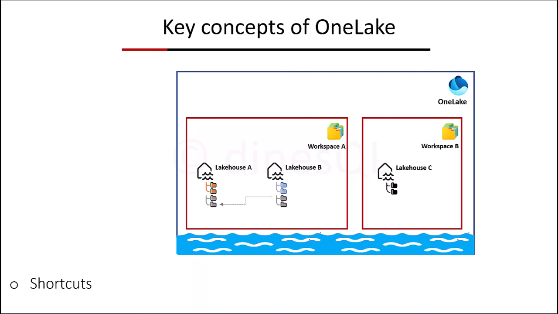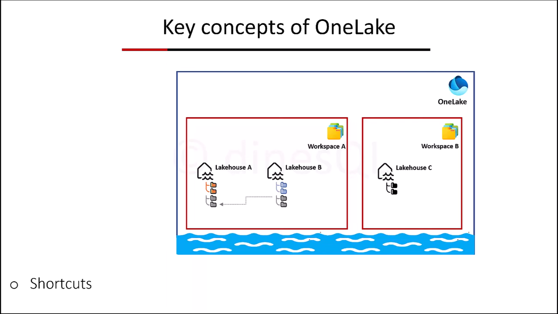Once the shortcut is created, it will appear just like a normal folder, and all the things I do with the Lakehouse, I can simply do with my own data in my folders, and the data in the shared folders as well, because it's just a reference. Remember, data is not getting moved from Lakehouse B to Lakehouse A, but when I open Lakehouse A, I'll be seeing data in my folders as well as data in Lakehouse B. Okay, so it is just a reference.